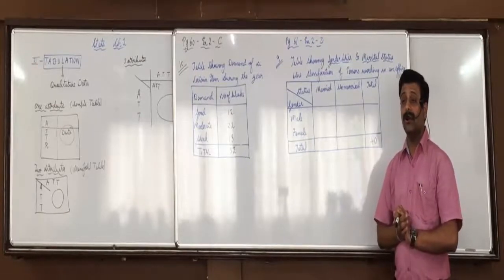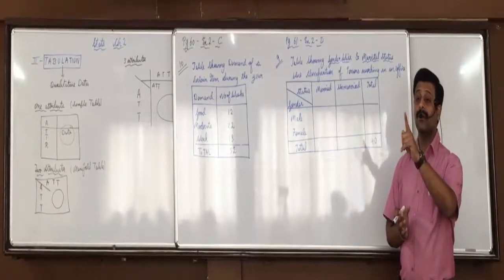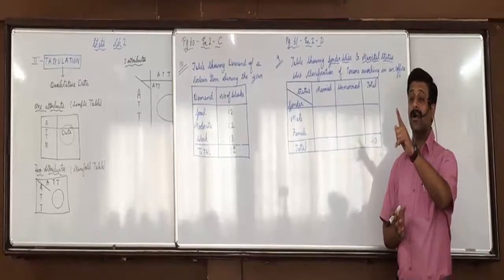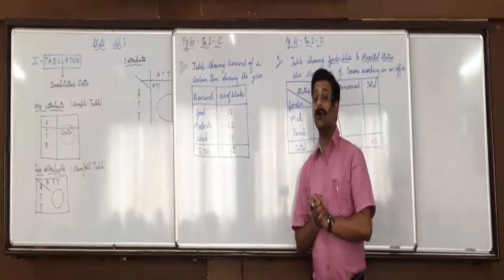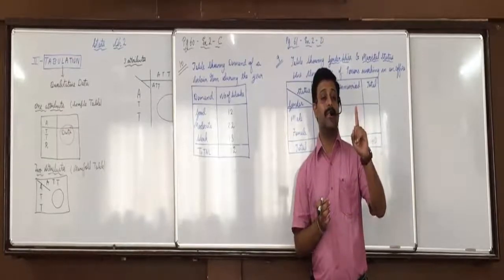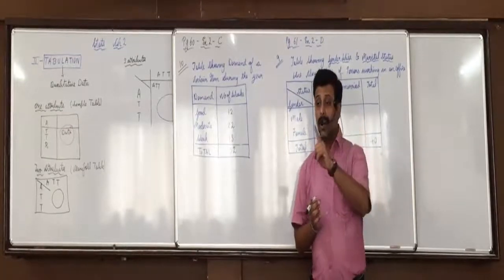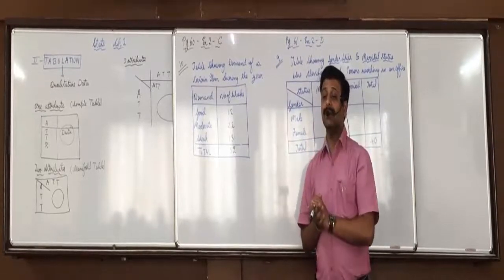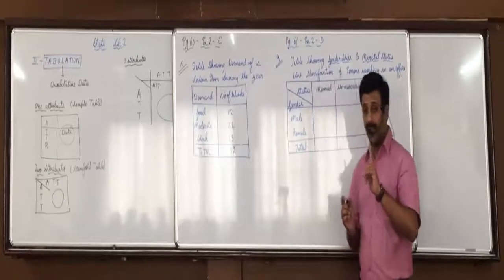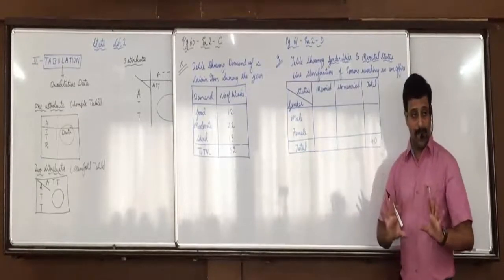In calculator. Do it again. 40 into 60 and press percentage. What did you get? 24. All of you got 24? Now keep the calculator untouched, okay?